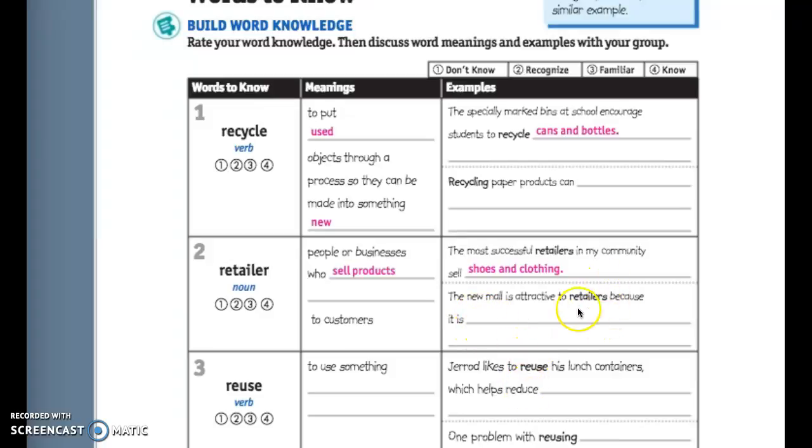So remember, a retailer is a business who sells products to customers. So why would a new mall be attractive to retailers, or why would businesses want to have their stores in this new mall? And think of a good reason, and then go ahead and finish this sentence here.